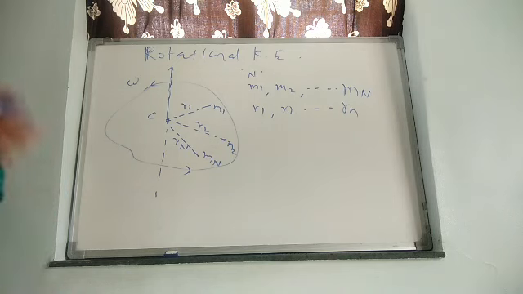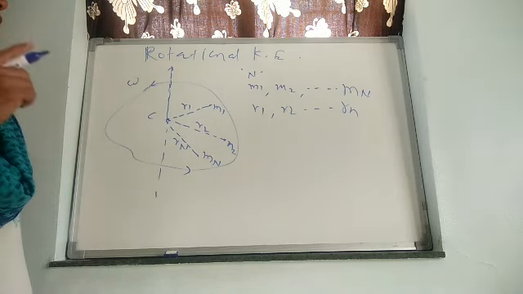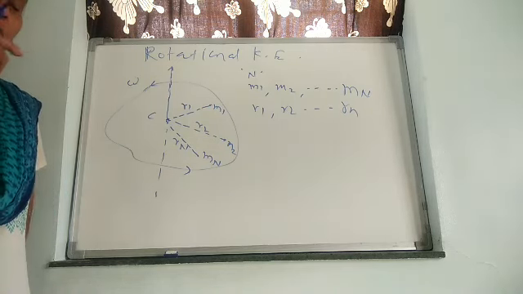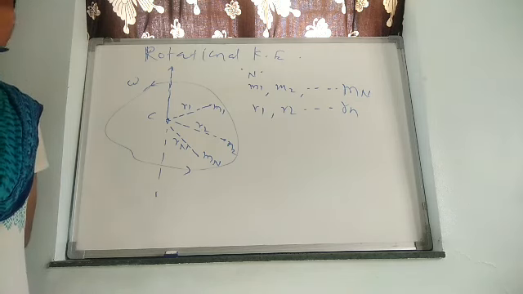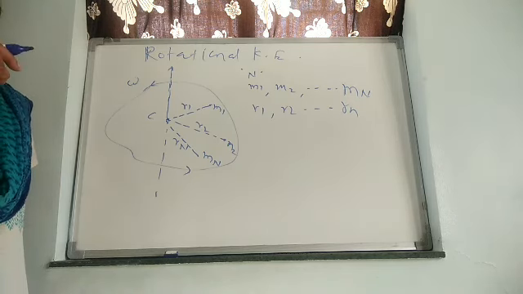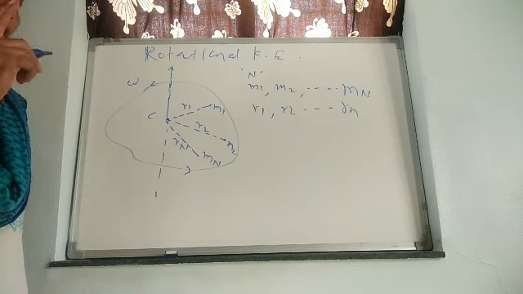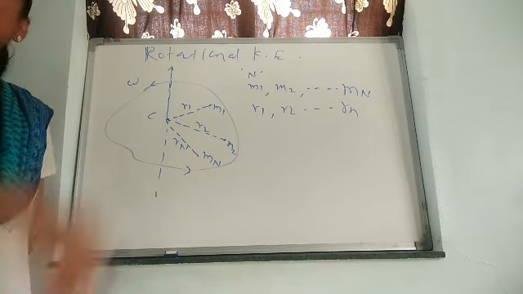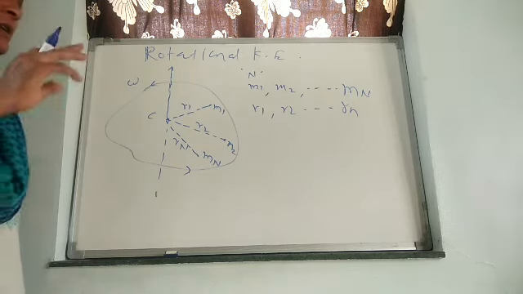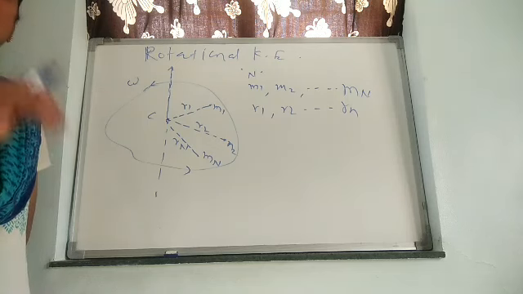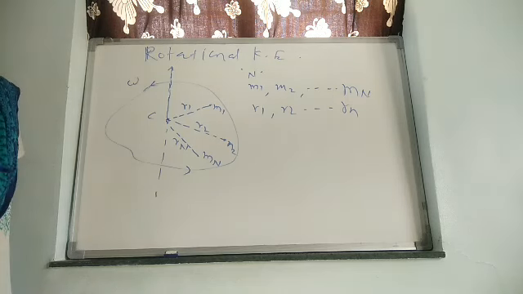In this way, when the rigid body performs uniform rotational motion, all the particles perform circular motion with a constant angular velocity, but their linear speeds are different because the radii of the different circles are different, that is, they are situated at different distances from the axis of rotation.